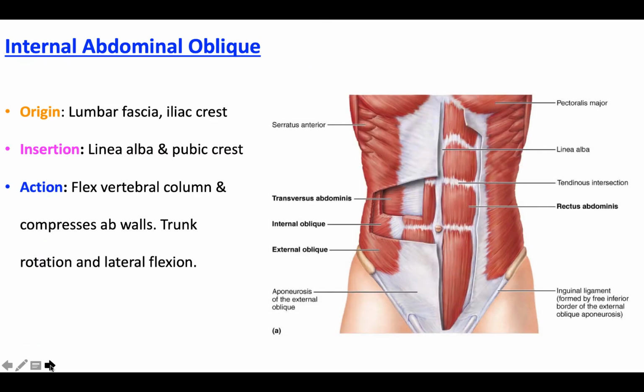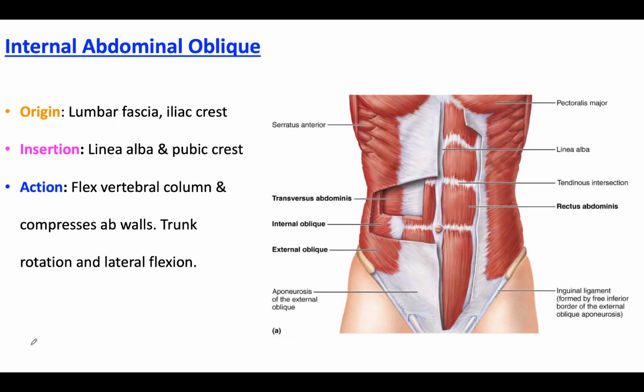Internal obliques. All right, their origin is at something called the lumbar fascia and the iliac crest, which we know where that is. Actually, the iliac crest is, of course, on the hip bone, and it inserts into the linea alba and the pubic crest. Now their job is to help flex the vertebral column, compress the wall, and rotate and flex laterally the trunk.